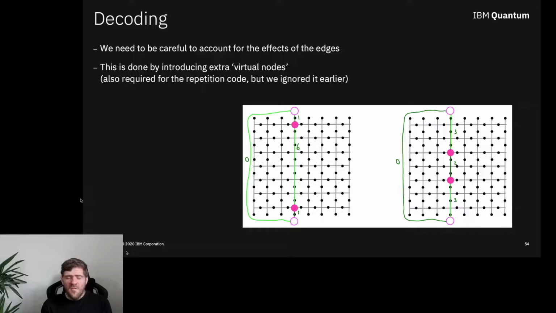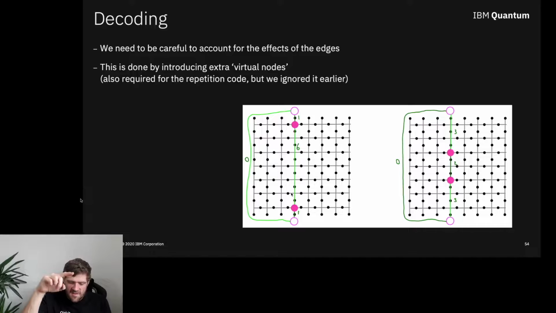We also do need to account for the effect of the edges, and we can do this by introducing virtual nodes. This is actually also required for the repetition code, but we ignored it earlier. So for example, if you've got a single hint up here near the top and a single one down here, then if you've not accounted for the effects of the edges, the only two nodes on this entire thing are those two.